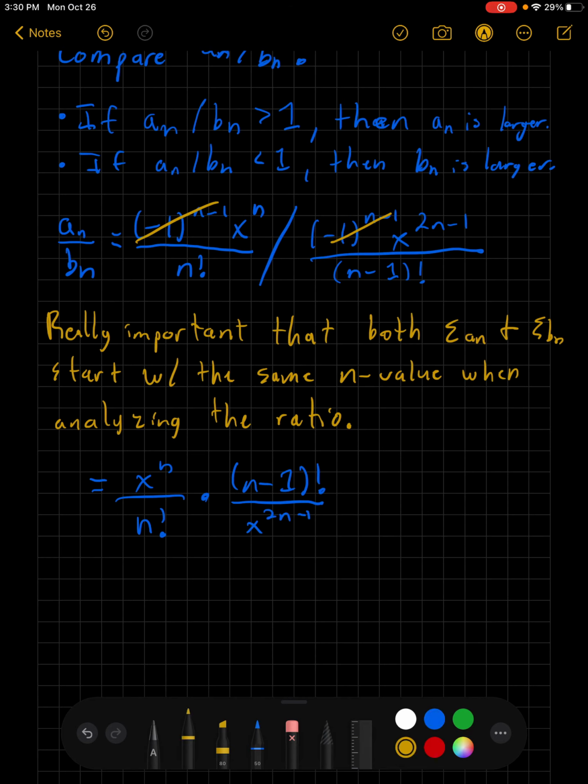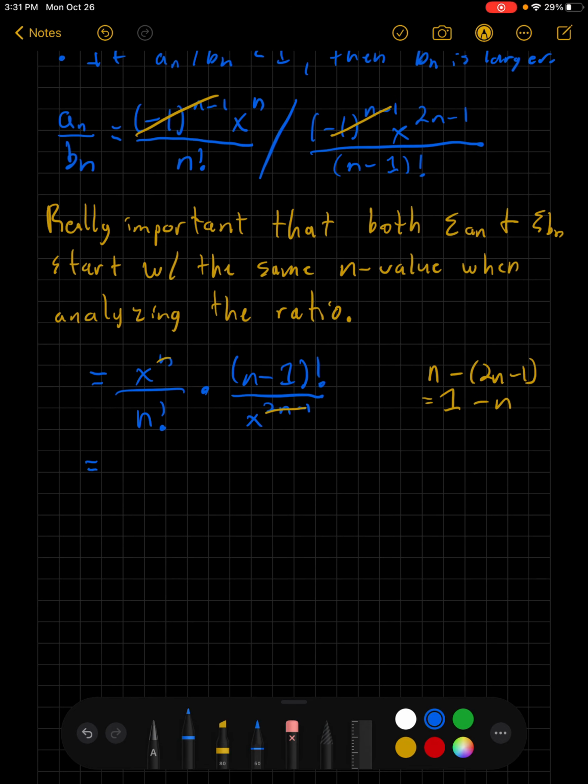Now, just a quick note about exponents here. If I say n minus (2n minus 1), that's the same as saying n, or 1, disregard the negative, so 1 minus n is what that simplifies to. And so these are going to simplify to give me x to the 1 minus n.